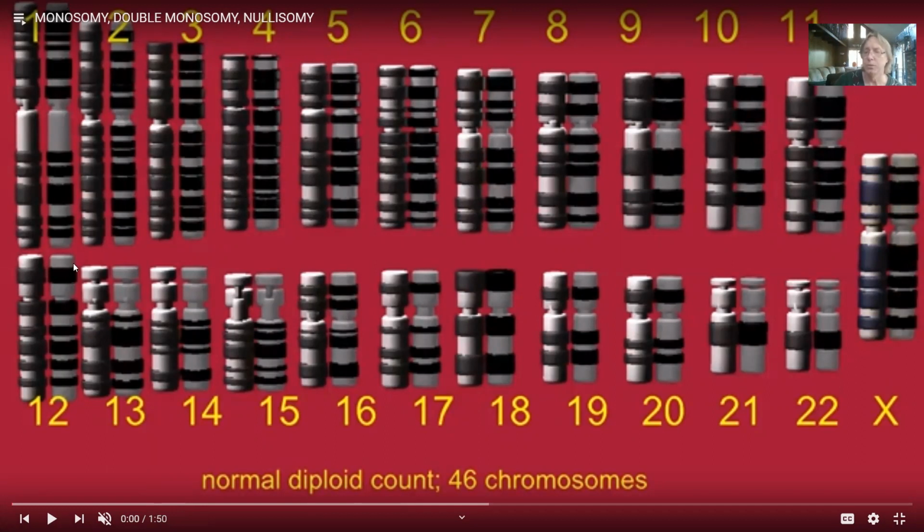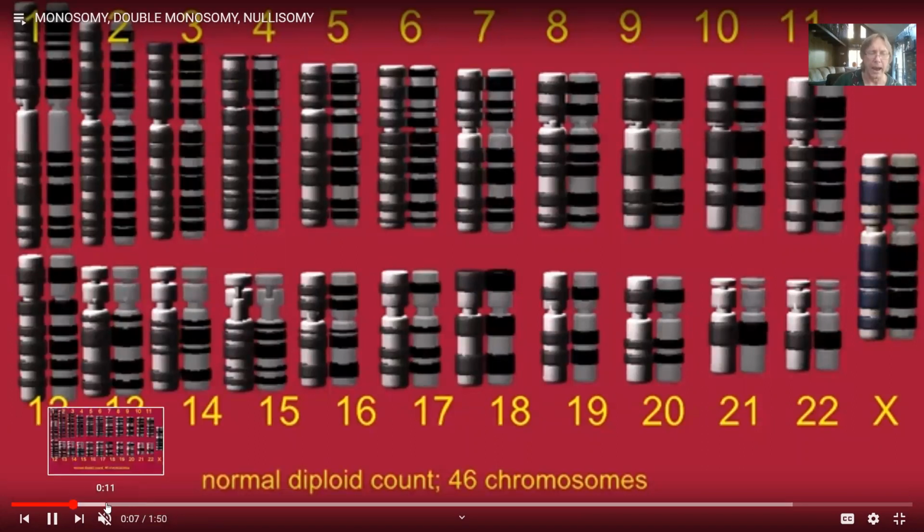So this individual has a normal diploid count of chromosomes, where they have 23 kinds of chromosomes. That would be 22 autosomes, and then the 23rd pair being the sex chromosomes. But then they have 2 sets of those, having inherited one set of 23 from the sperm, one set of 23 from the ovum at fertilization.